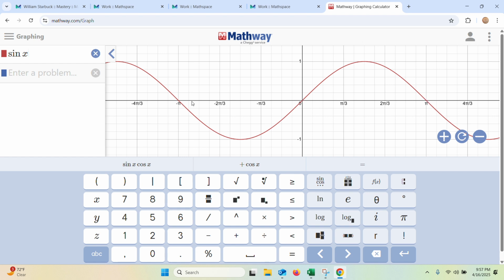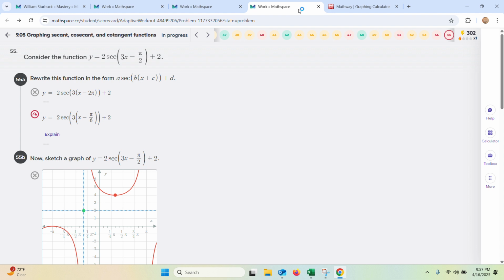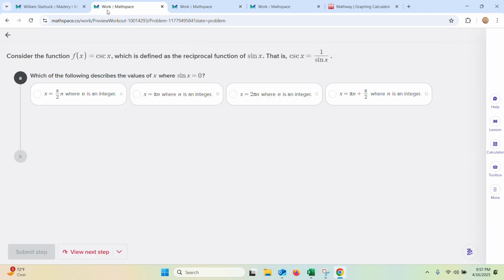So notice its period, I think is what this is called, is pi long. So is that over here, over here, over here? There we go. Okay. So what we're looking for is just pi. Here we go. So what this means is that pi times any number.